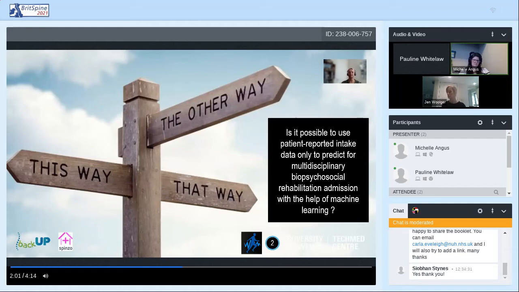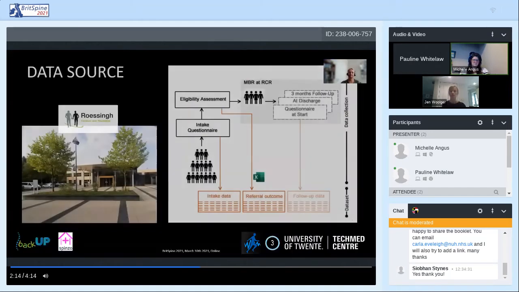In this study, the research question was, is it possible to use patient-reported intake data only to predict MBR admission with the help of machine learning? The data used for this study were patient-reported data collected by the Pain Rehabilitation Department of the Roessingh Center for Rehabilitation.